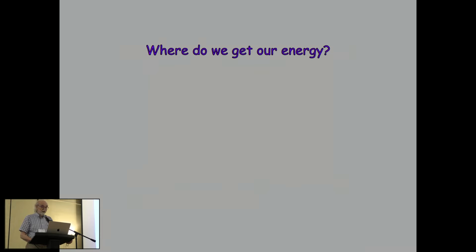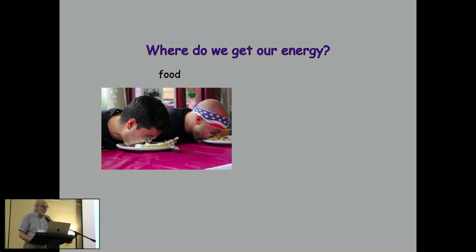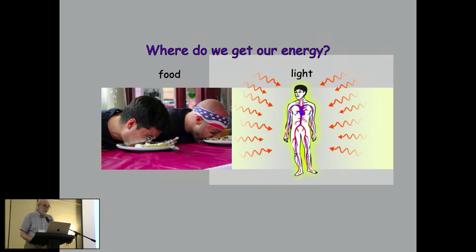We use light energy as well. So if you ask the question, where do we get our energy? Of course, we get some energy from food, but we also get energy from light. The light is absorbed by the water, and that is used to supply energy.